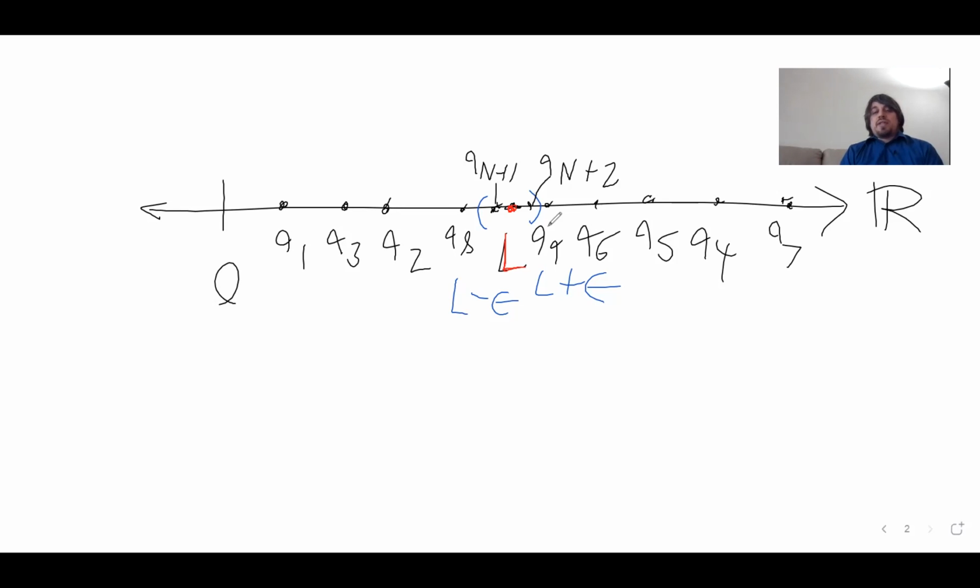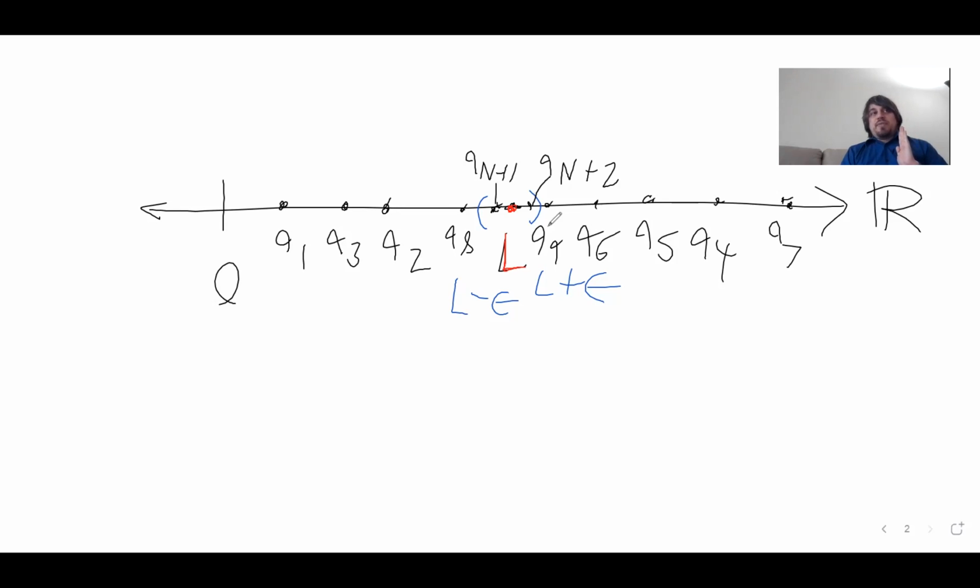So let's say I choose epsilon equals 1. Then the definition of the limit says, if I say the limit of your sequence is 5, then I can choose any real number I want. Let's choose epsilon equals 1. If the limit is 5, then eventually all the terms of the sequence will be within 1 of the real number 5. Keeping the limit being 5, instead of 1, let's choose 1 millionth.